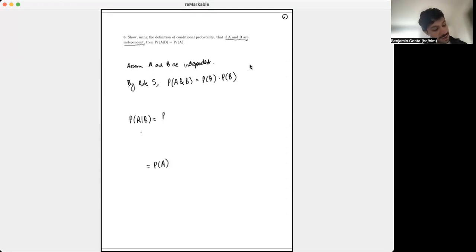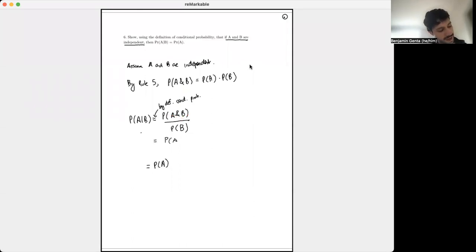So just by definition, remember, this is the definition of conditional probability. This is equal to the probability of A and B over the probability of B, right? But now note that we know what the probability of A and B is.